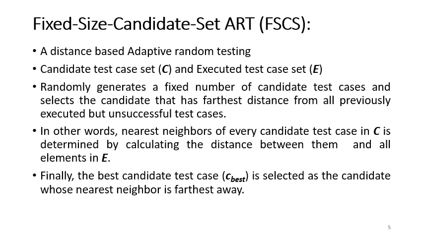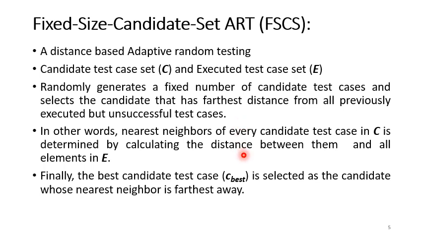FSCS version of ART is a distance-based ART method that uses the notion of distance between the executed test case set and the candidate test case set. During the testing process, FSCS keeps two test case sets called the candidate test case set, denoted as C, and the executed test case set, denoted by E. In its test case generation process, FSCS randomly generates a fixed number of candidate test cases and selects the candidate which is farthest from all previously executed but unsuccessful test cases.